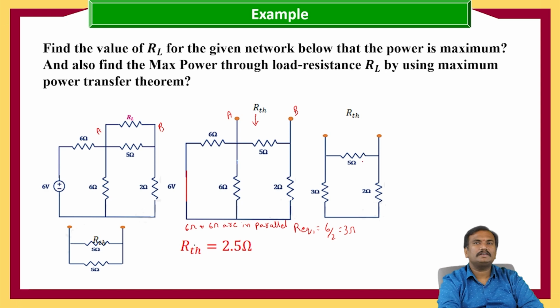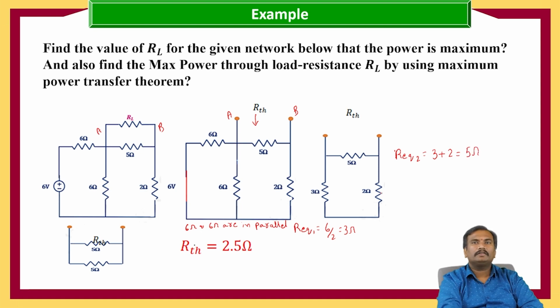If you see this, 3 ohms and 2 ohms are connected in series. When 3 ohms and 2 ohms are connected in series, R equivalent 2 is equal to R1 plus R2, that is 3 plus 2, 5 ohms.